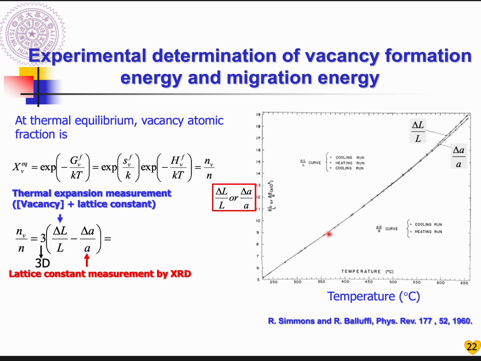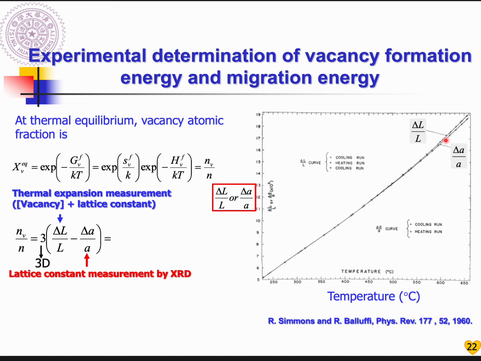But at lower temperature, the curves are identical. But when the temperature is above like 516 or higher, you can see that delta L over L is larger than delta A over A. So under these situations, you use delta L over L minus delta A over A, times 3.